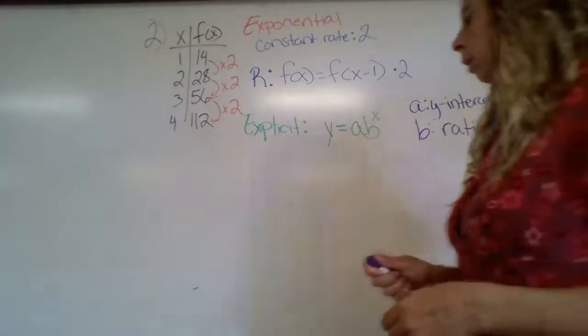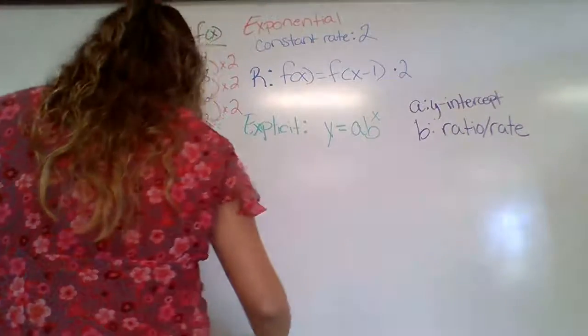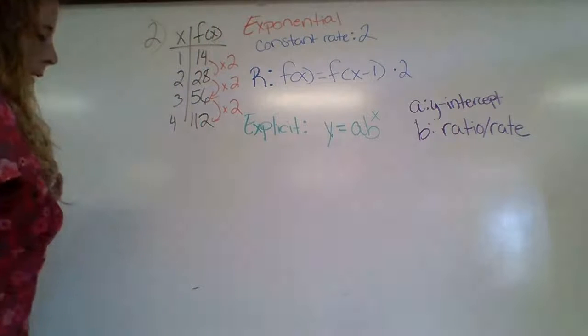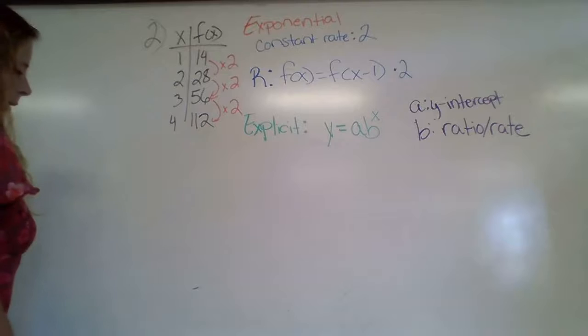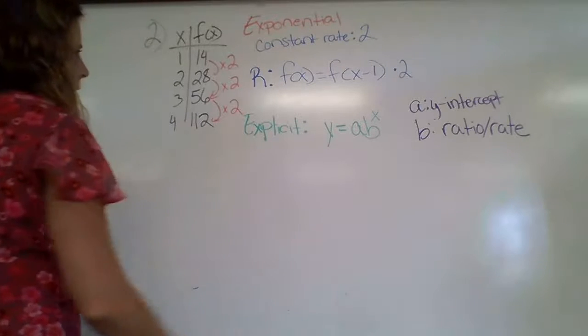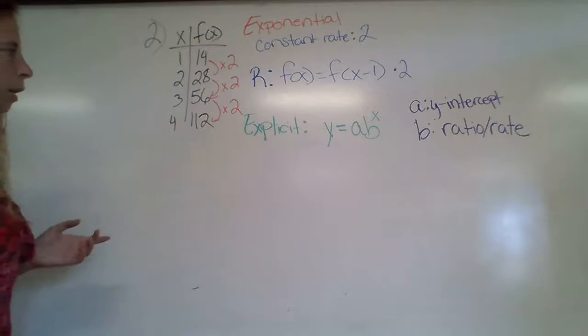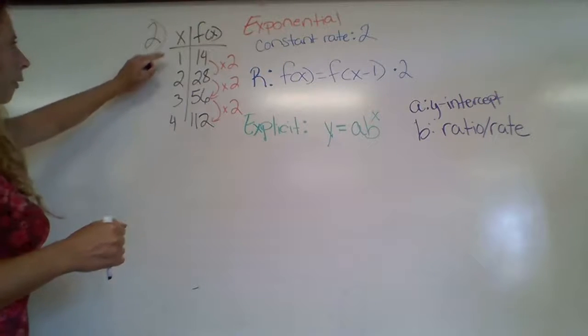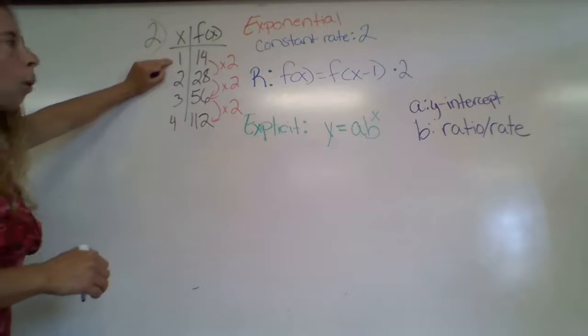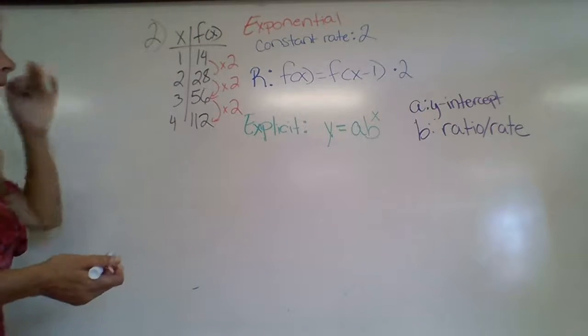So for exponentials, you can actually write your explicit equation 2 different ways. You can either use the first term, which they give you, or you can find the y-intercept and use that term.